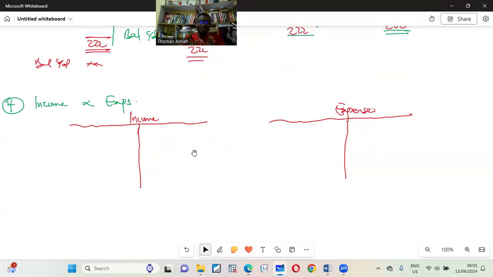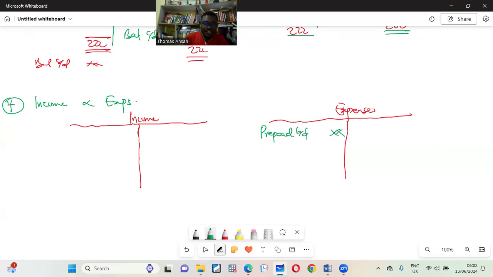Now, one of them is a debit balance, one of them is a credit balance. Guess what? Expenses is the debit balance. Income has a credit balance. So this one, if it has a debit balance, then it means that you can prepay an expense or you can owe an expense. Don't forget, prepayment is an asset. Okay. So therefore, what you do is that your opening balance, so we have a prepayment. If there is a prepayment, so prepayment brought down will come here.